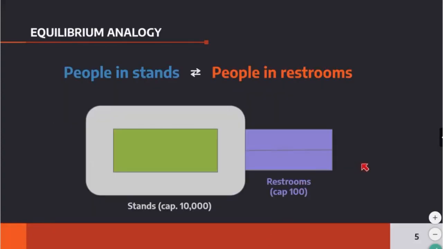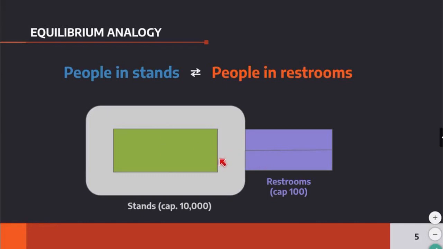So we're going to go back to our stadium analogy. We said before that we could have this reaction where people go from the stands into the restrooms, and at the beginning they're all going to flow into the restroom and no one's going to come out because no one's in there to start with. And so it's not at equilibrium. But eventually we reach a point where, let's say there are 50 people in the restroom and there are 9,950 people in the stands.